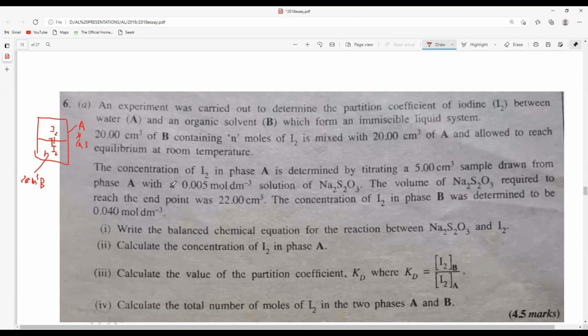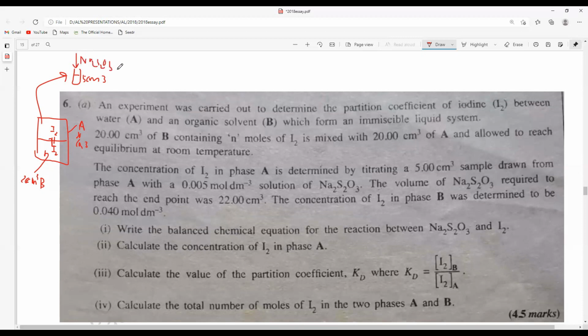And they say the concentration of I2 in phase A is determined by titrating. So this is 20 cubic centimeter, and you get 5 cubic centimeter from A. You normally titrate with sodium thiosulfate, Na2S2O3.